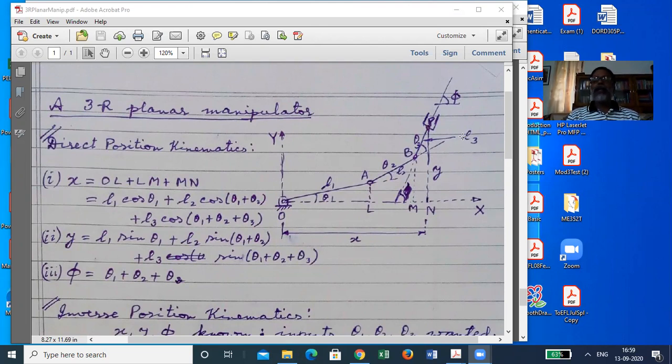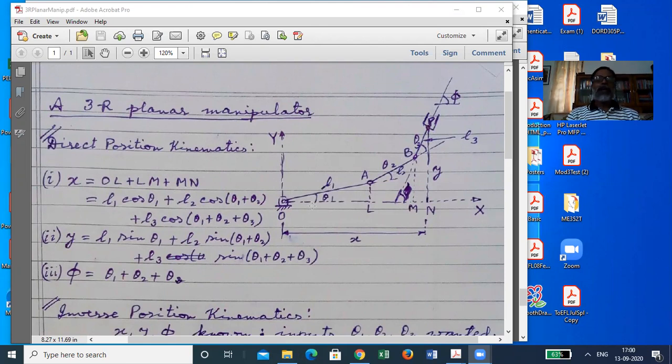These are the link lengths. And in the balance of the robotics rigid body transformations, if you had written the homogeneous transformation for these, this should actually come in the place of A1, this would come in the place of A2, and this would come in the place of A3.